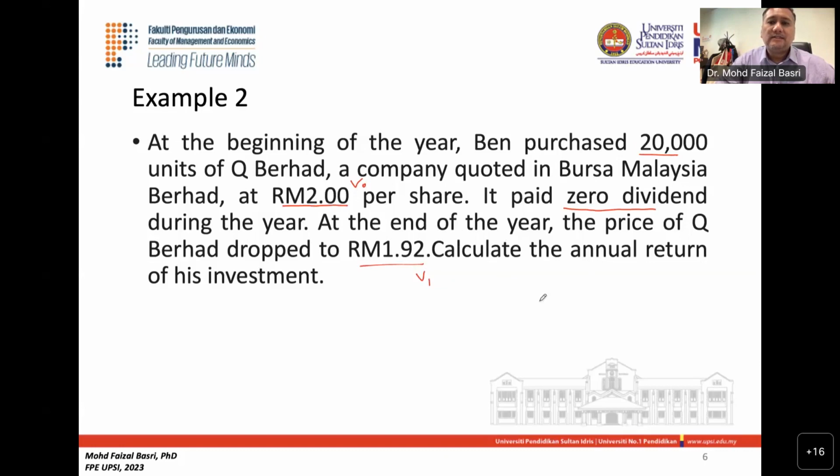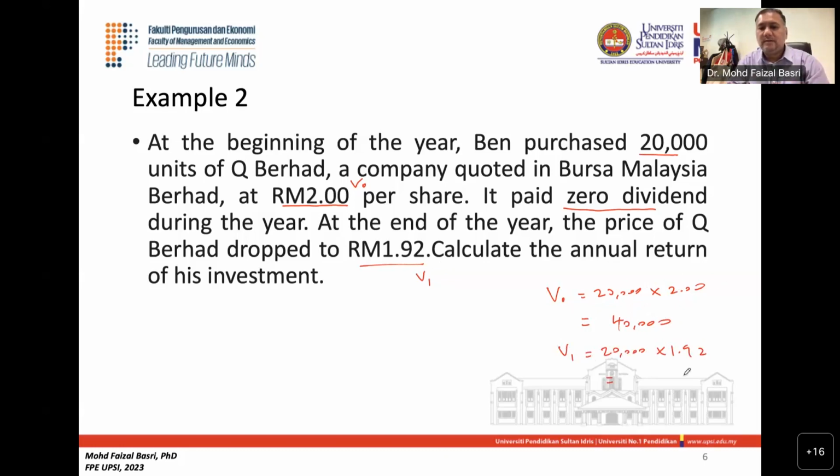Similar concept, you can calculate the value of the investment by having the units multiplied with the original price. So here it's 40,000. And the value of the investment at the end of the year has now dropped to 1 ringgit and 92 cents.